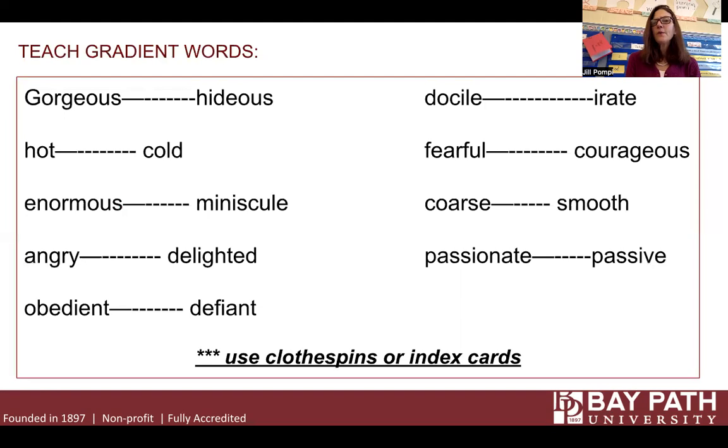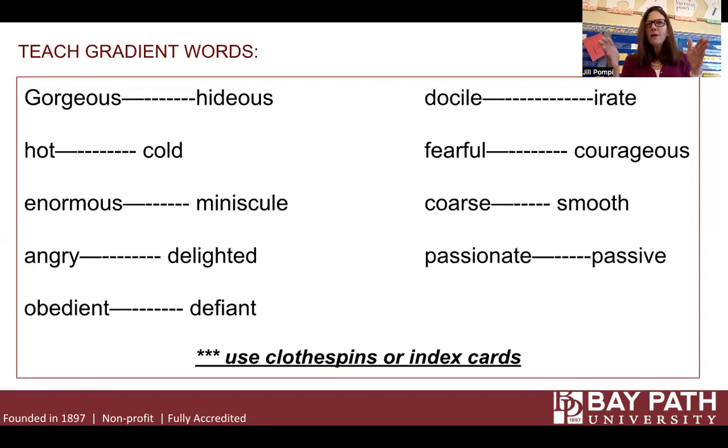And of course, another way to get to that precision of vocabulary is by teaching what we call gradient words. These are words that seem to be opposite in meaning, and yet they're very opposite, such as hot and cold. But when I think about hot, I think that there are words that mean even hotter than hot. And when I think of cold, I think of words that are even colder than cold.